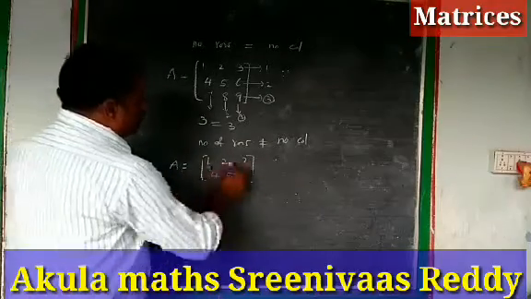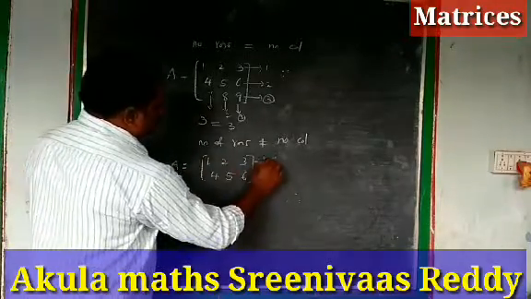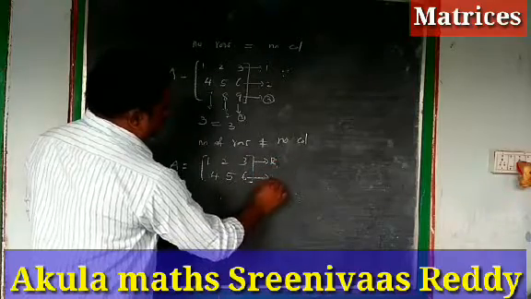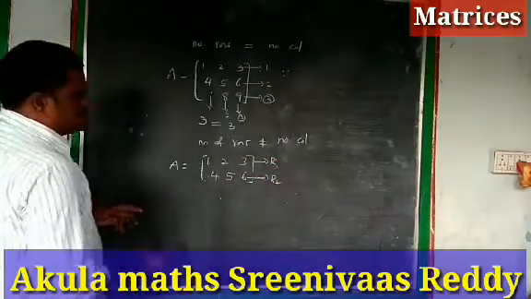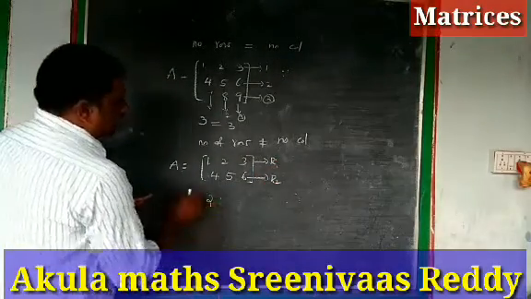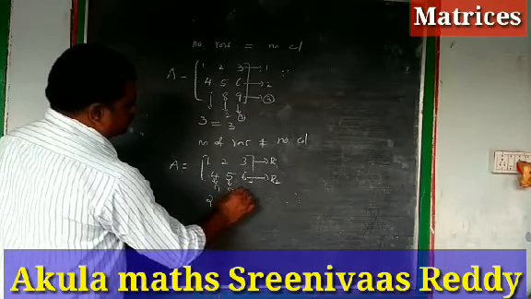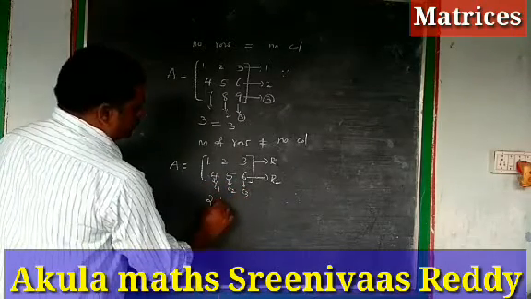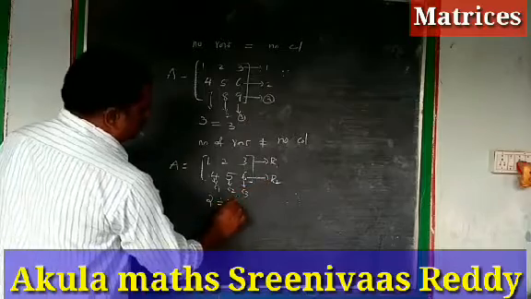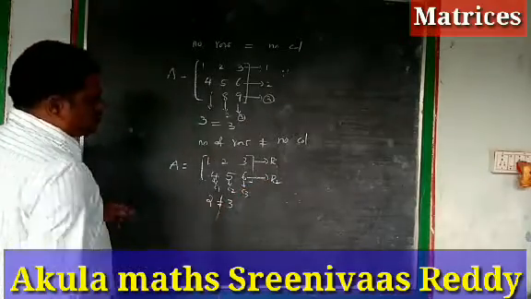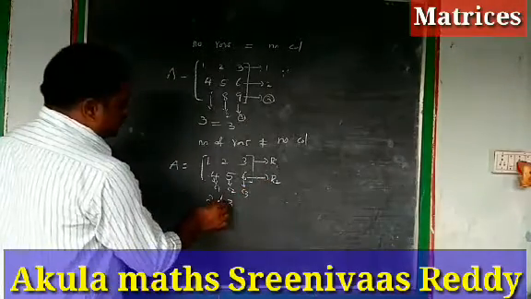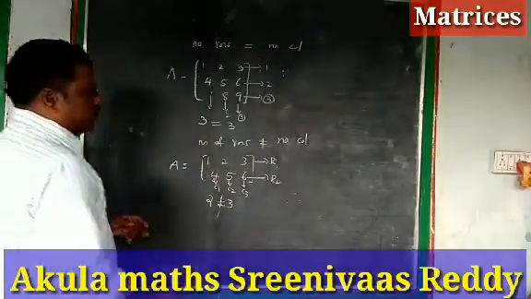Here, this is R1 and this is R2, so the number of rows is 2. And the columns are C1, C2, and C3, so the number of columns is 3. So 2 is not equal to 3. Therefore, the given matrix is a rectangular matrix.